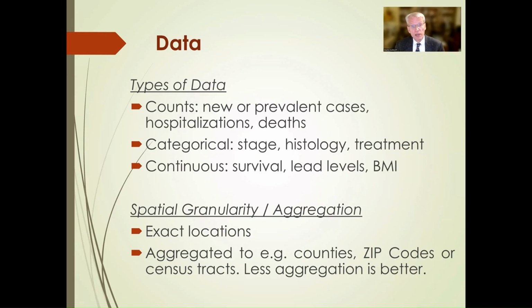And the data could be either very granular, like the exact location of where people live, or it could be aggregated to counties or zip codes or census tracts. Less aggregation is always better from a statistical and analytical point of view, but it's not always possible. Sometimes data is only available at aggregation levels.